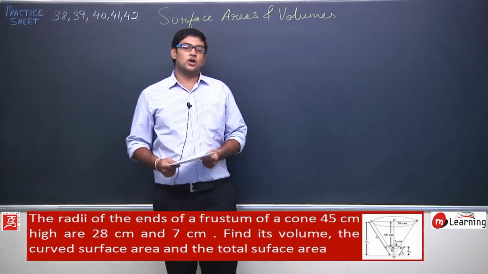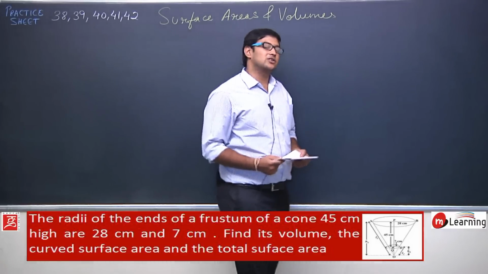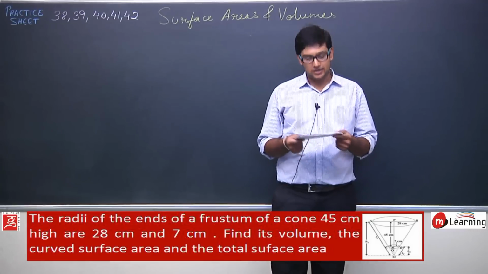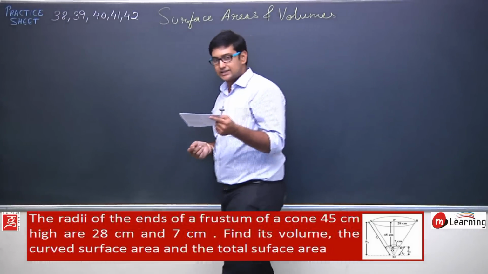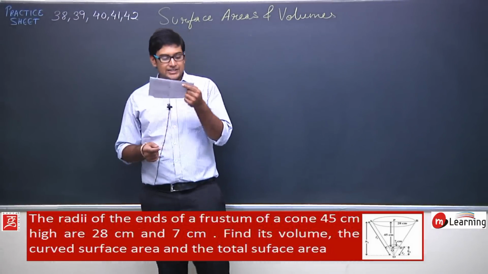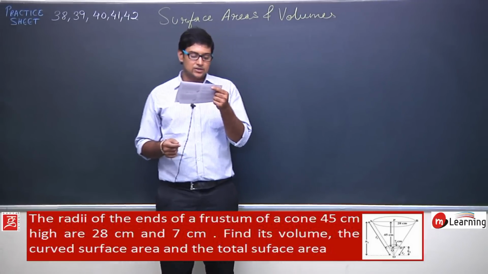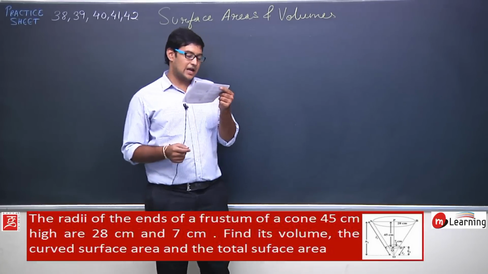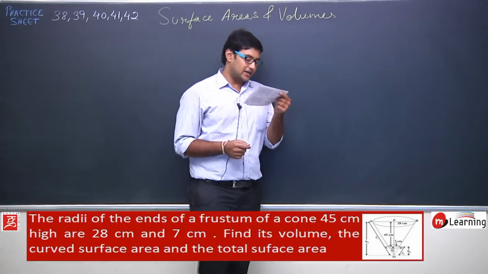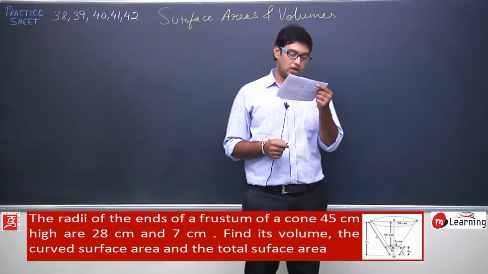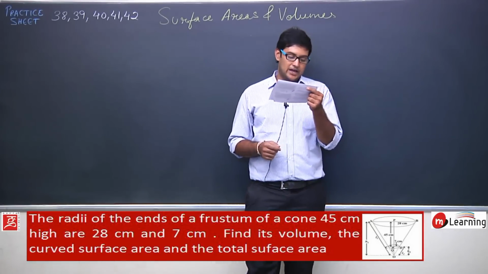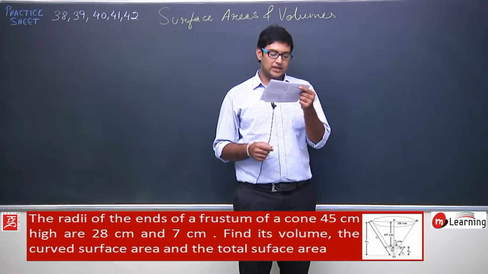Okay, let us now solve some questions based on the concept of frustum. We will start solving from question number 38 from the practice sheet. Let us discuss this question. The question says the radii of the ends of a frustum of a cone 45 centimeter high are 28 and 7. Find its volume, the curved surface area and the total surface area.